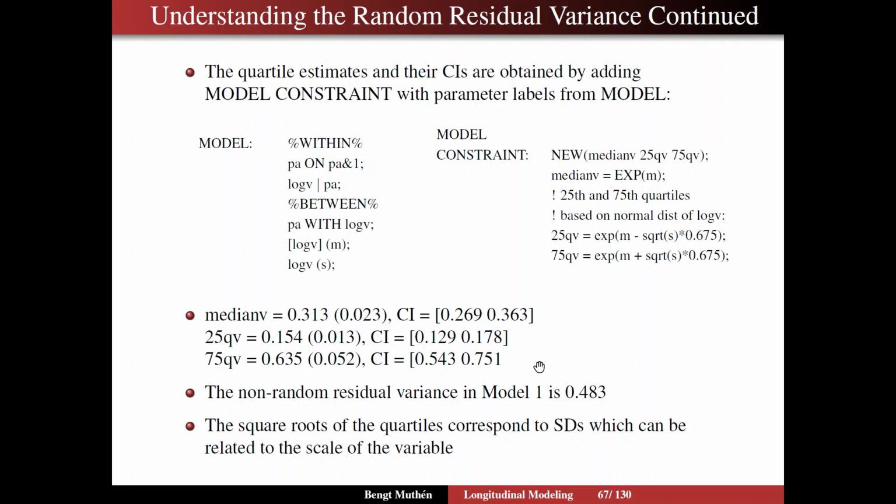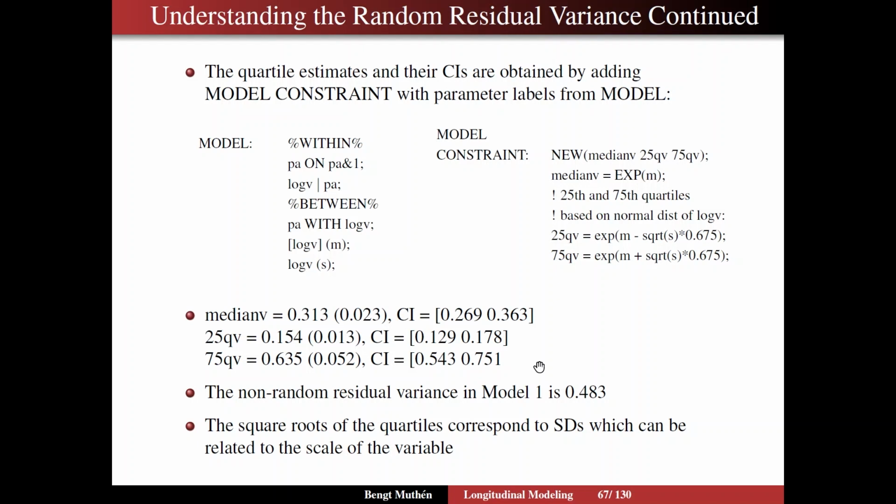So 0.8 standard deviation can then be related to the scale of the PA variable, which is 1 through 7. So it's 0.8, 80% of a scale step on the PA scale. That's a typical, or a 75th percentile, value for the standard deviation.